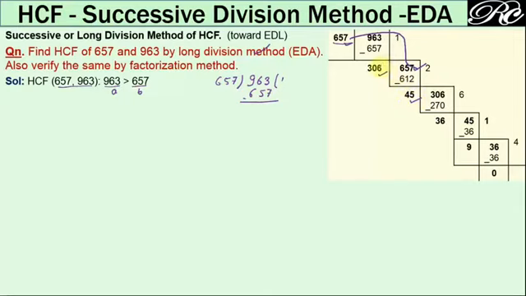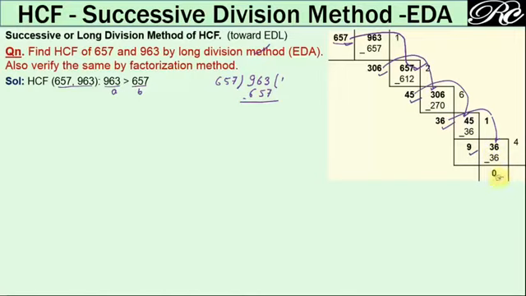Again we take the earlier divisor 306 as new dividend and 45 as new divisor, and we get the remainder 36. Now taking 45 as new dividend and 36 as divisor, we get the remainder 9. Now take 36 as new divisor and 9 as remainder, we get the new remainder 0.